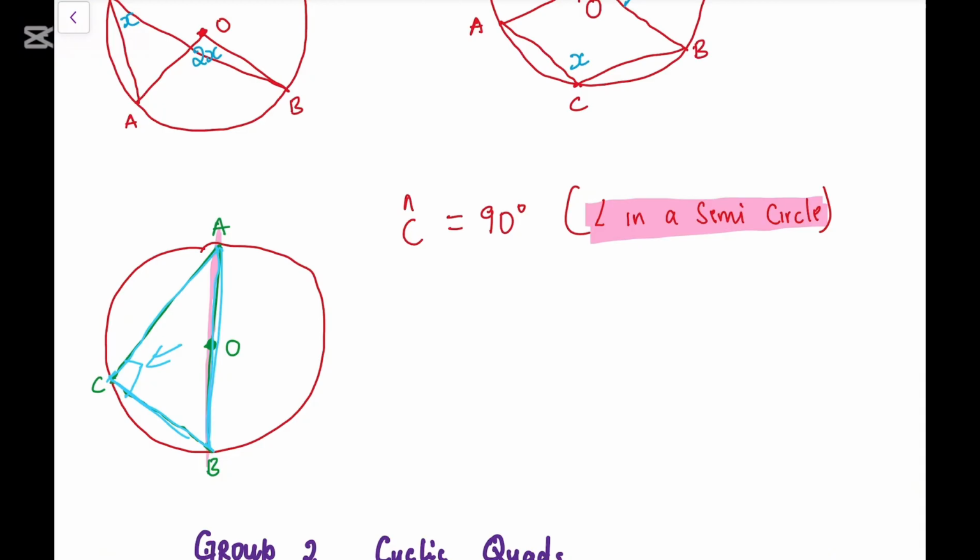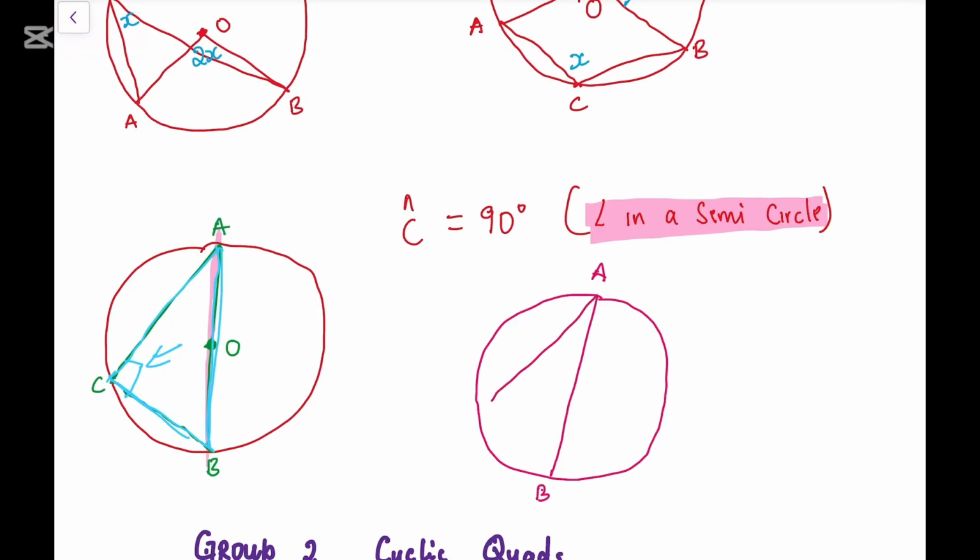So in the exam, sometimes they will just give you a chord. Let's say this is a chord AB. And then this chord subtends angle C, for example. Now, maybe they will give you this angle here and say this one is 30 degrees.